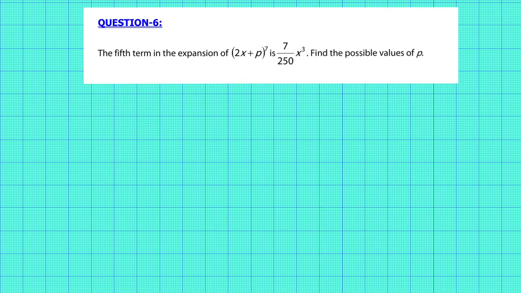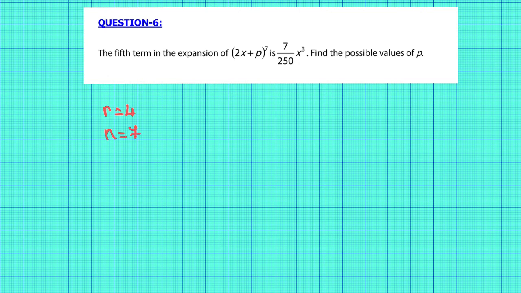Question 6. The fifth term in the expansion of (2x plus p) to the power of 7 is equal to 7 over 250 x cubed. Find the possible values of p. Because it is the fifth term, r is equal to 4 and n in this case is equal to 7.